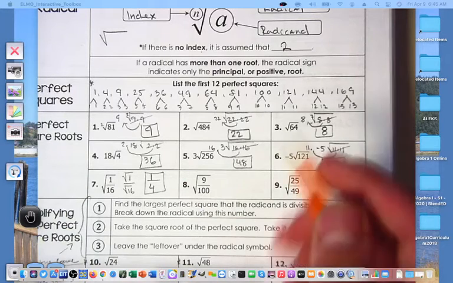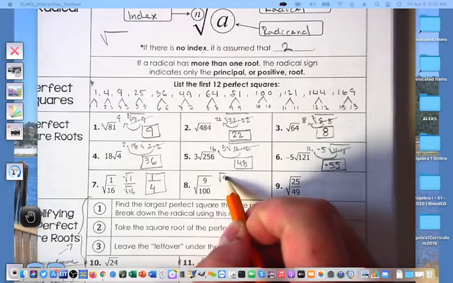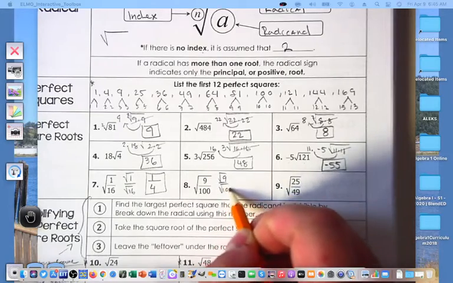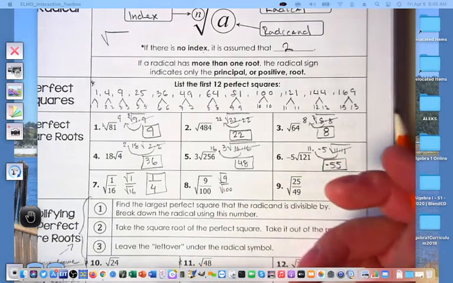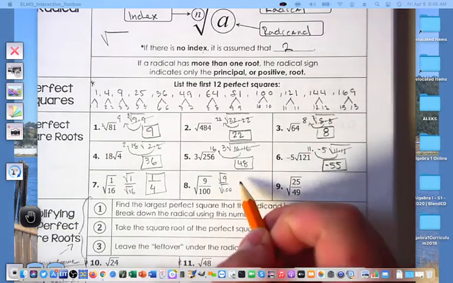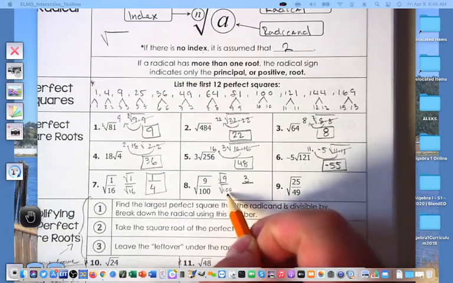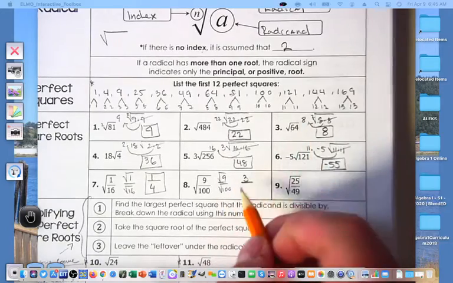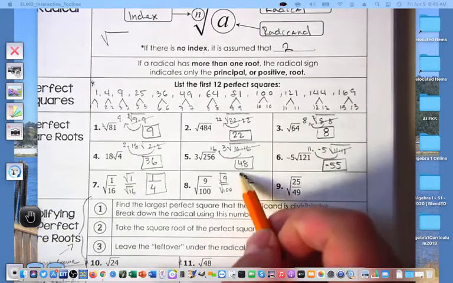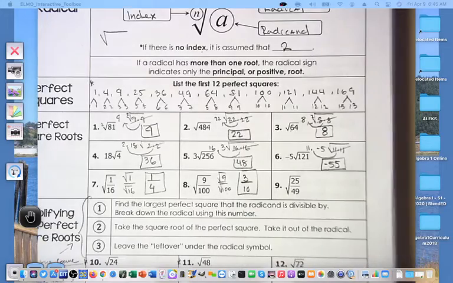We're going to do it again here with number 8. Radical 9 over radical 100. 9 breaks down into 3 times 3, so the square root of 9 is equal to 3. 100 breaks into 10 times 10, so radical 100 is equal to 10, and our final fraction here is equal to 3/10.